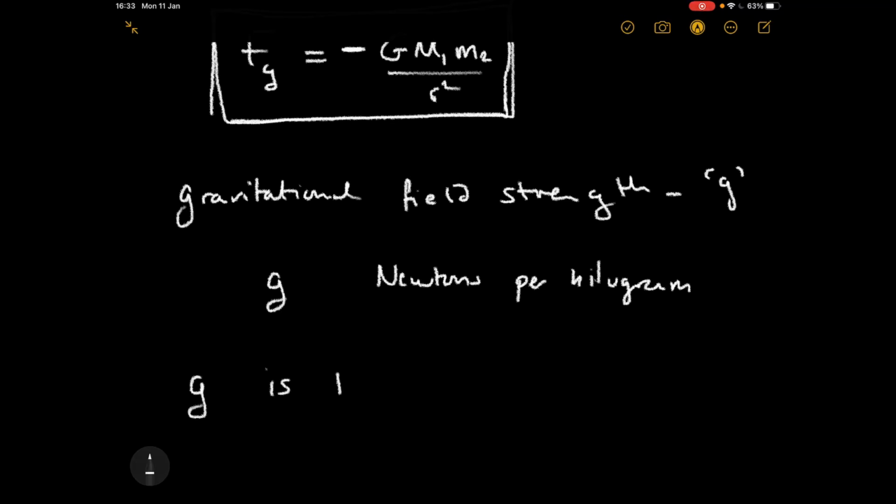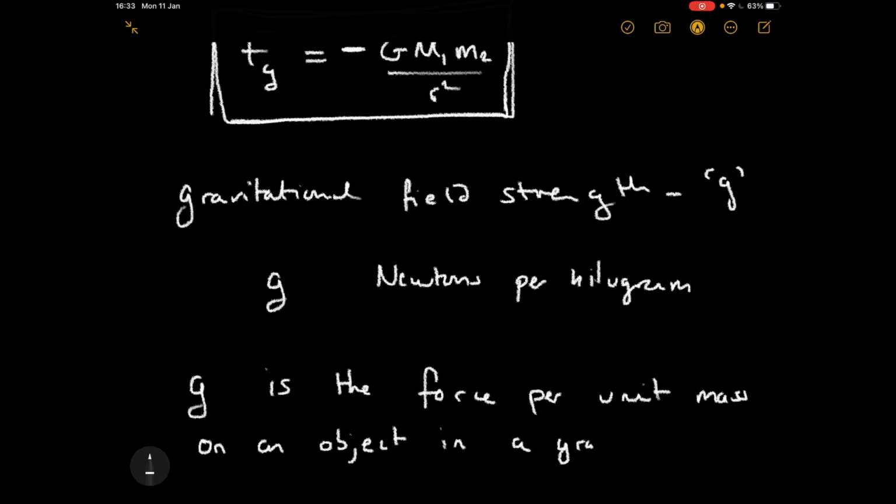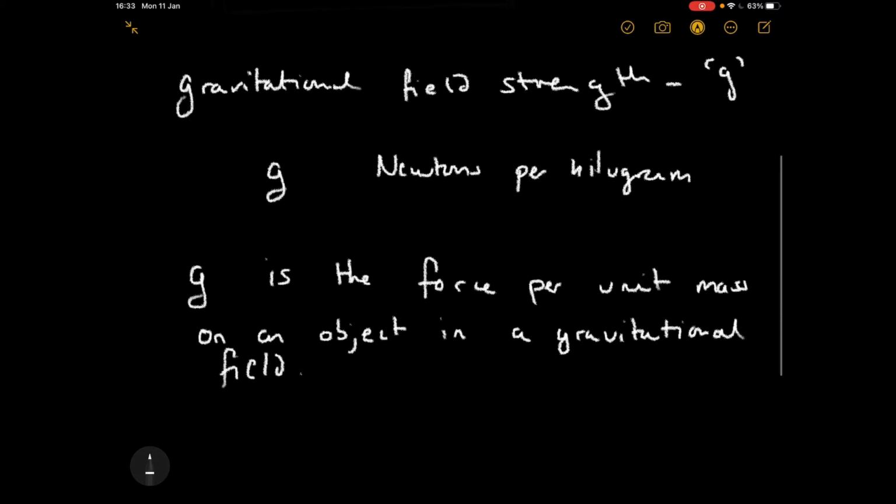So gravitational field strength is the force per unit mass on an object in a gravitational field, which is similar again to electric field strength.